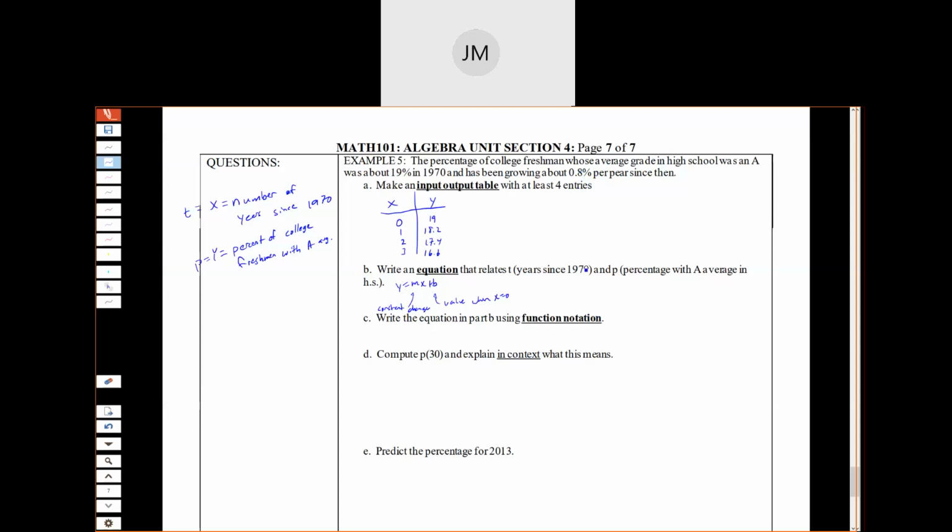But we don't want y and x. We want y equal to p and x equal to t. So we're going to have p equals negative 0.8 t plus 19. If I want to write that in function notation, I want to say that p is my function and my variable is t. So I would write p of t equals negative 0.8 t plus 19.